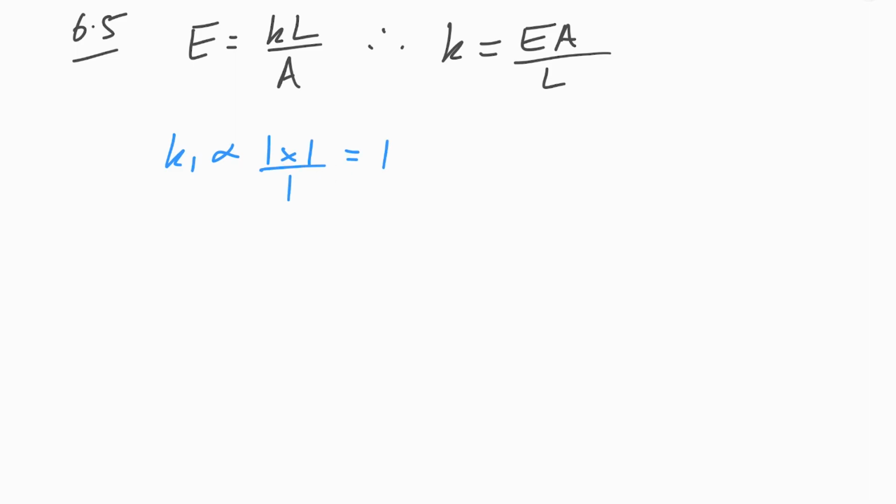So K1 has a value of 1. That makes sense. K, therefore, is proportional to 1.2 times 1 again, divided by 1.2. And so that's equal to 1 as well.